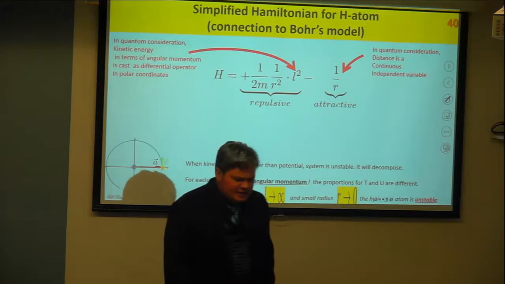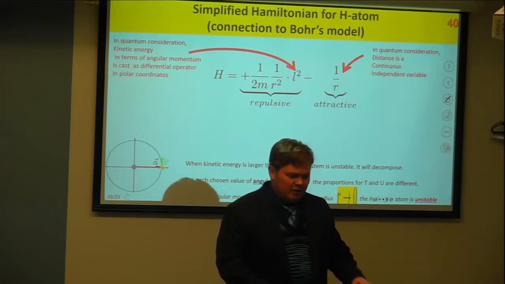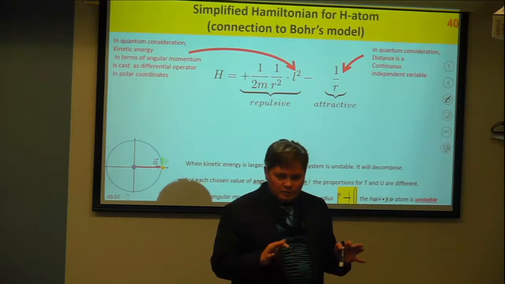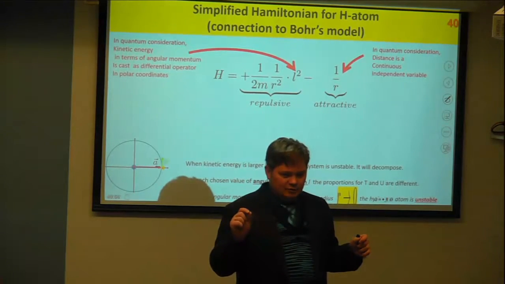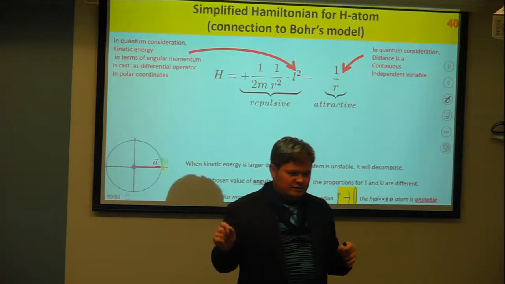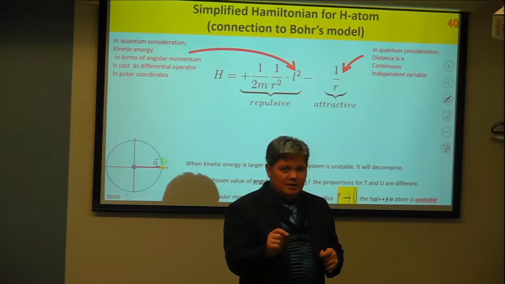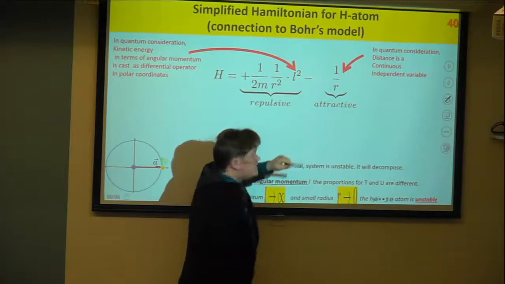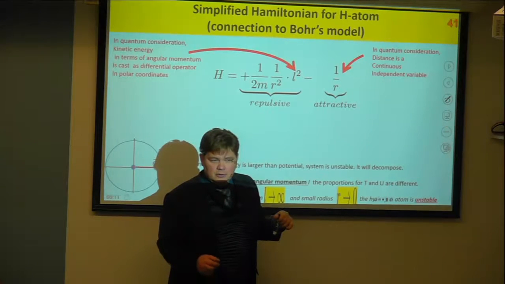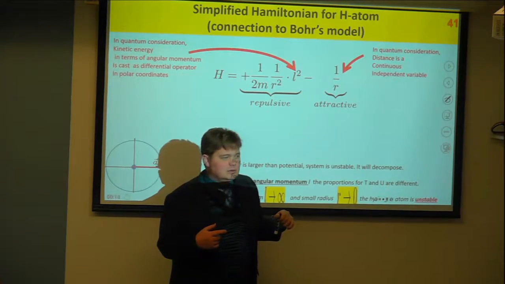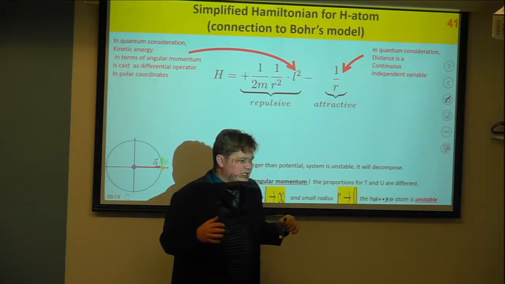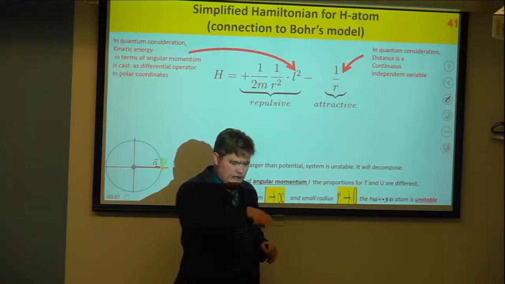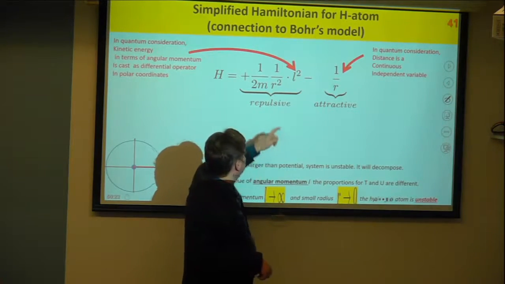So, if we would play fair game with all hard bells and whistles, we would formulate Hamiltonian for electron in central field of proton, which will have potential energy same as before, but kinetic energy will be expressed as gradient for x, y, and z, but x, y, and z are impossible for centrally symmetric force.